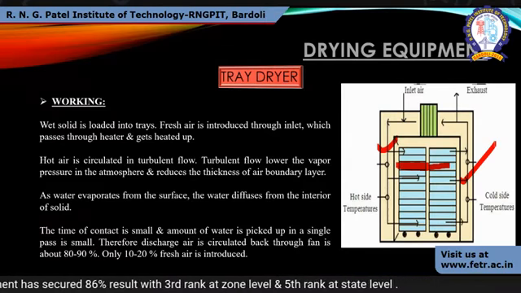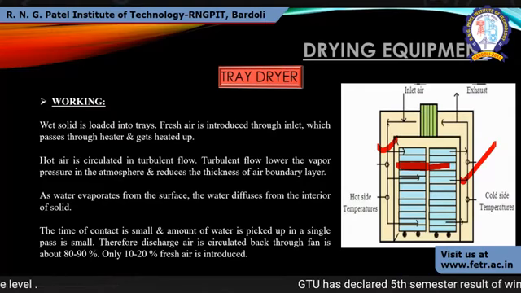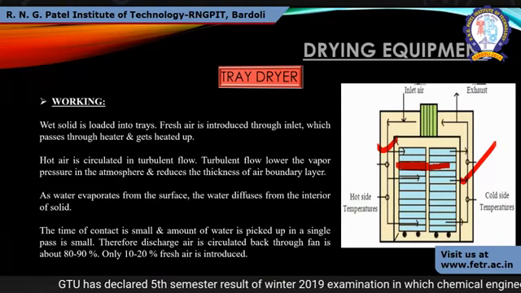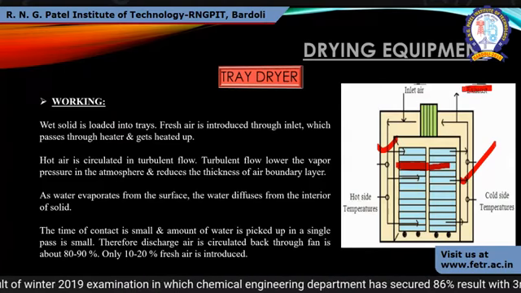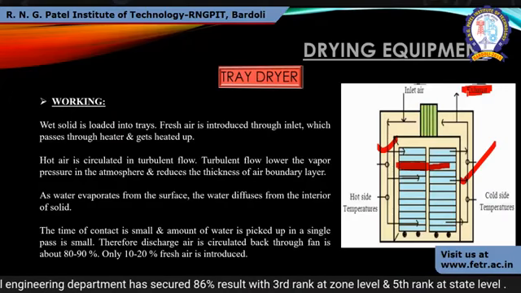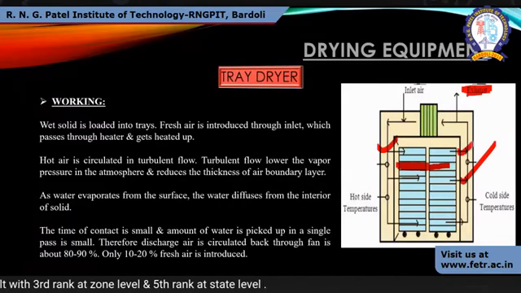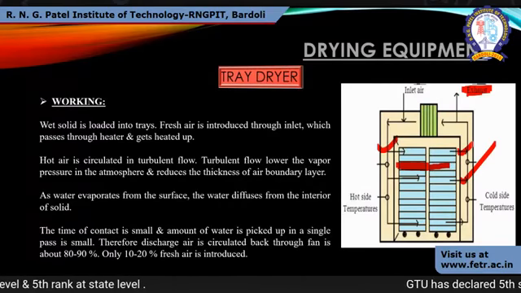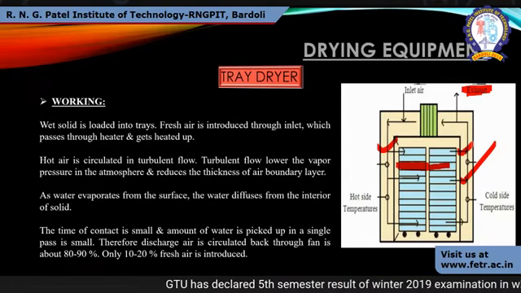So hot air is in turbulent flow, and turbulent flow reduces the thickness of the air boundary layer. As water evaporates from the surface, water diffuses from the interior of the solid. The exhaust takes out the wet air coming from the right-hand side of the tray, and that reduces the moisture content inside the chamber, right?